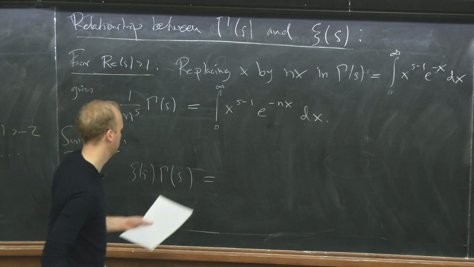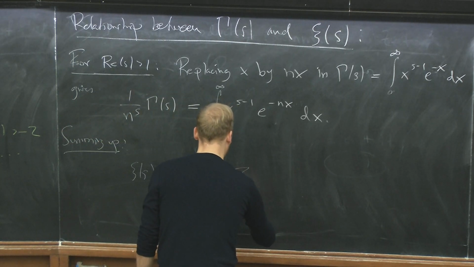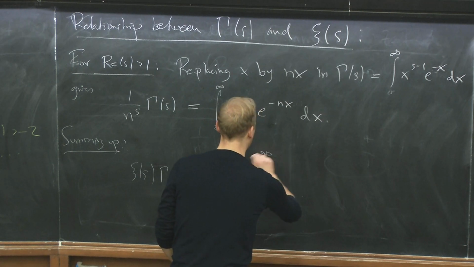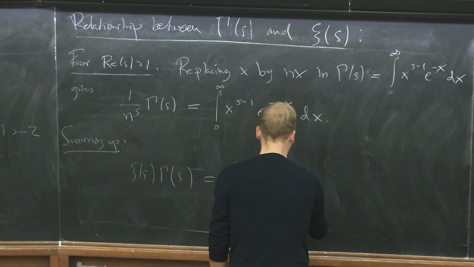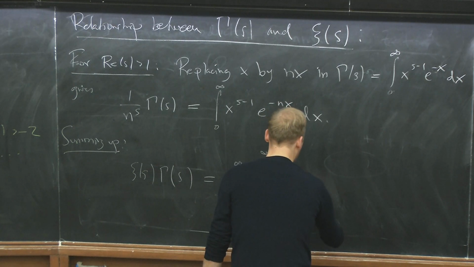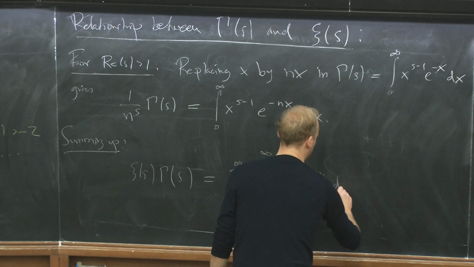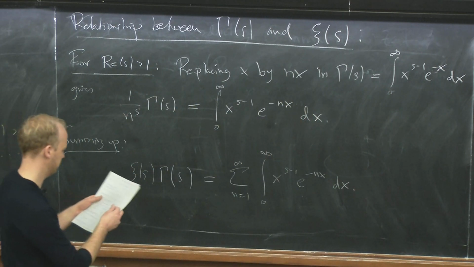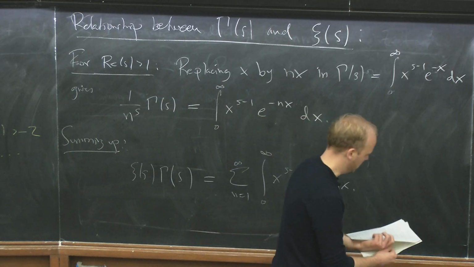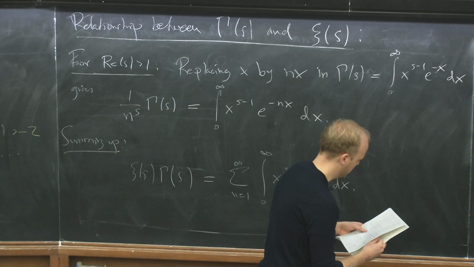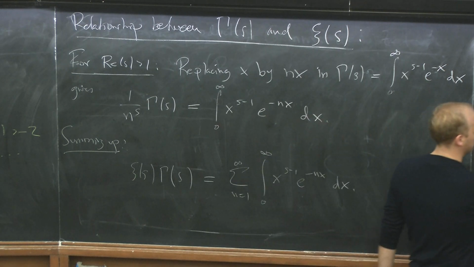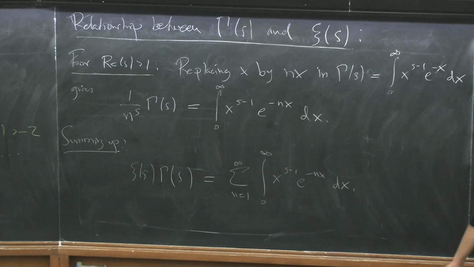And on the right-hand side, I will get the sum where n equals 1 to infinity of these integrals. I'm not very careful in this talk about many details, including why I can interchange sums and integrals, and so on. That is the first point where I will sweep this under the rug a little bit.